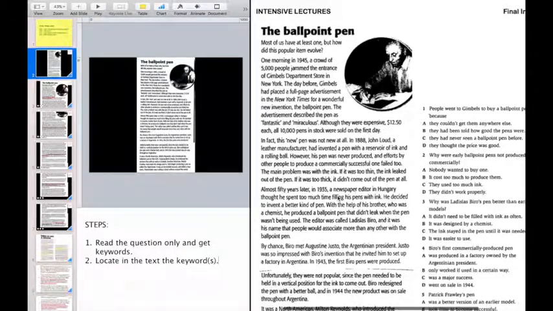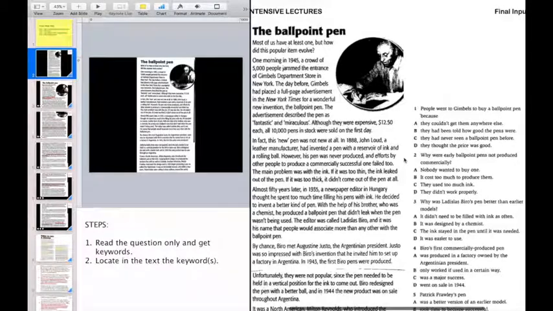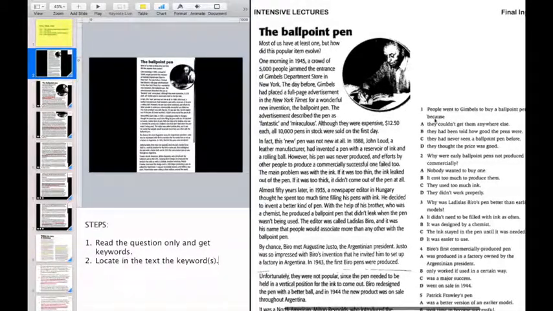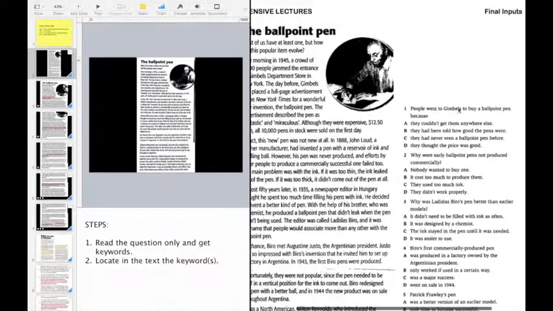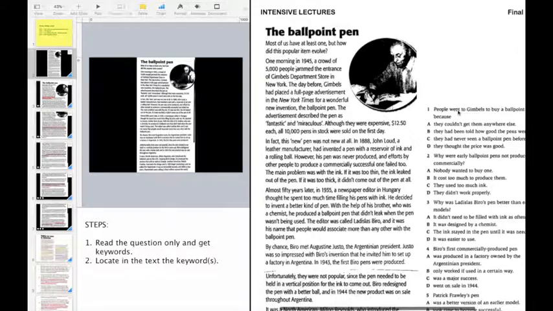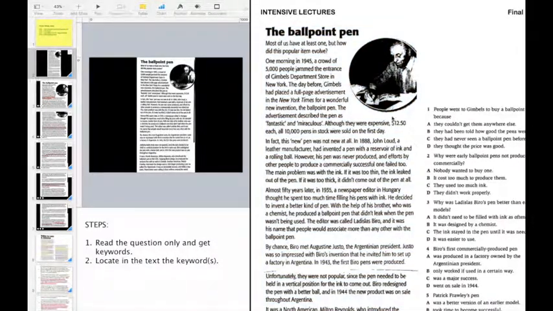So for example, you can guide them in choosing the keywords here, and you might mention that you're looking for a why, a reason. People went to Gimbals. They might want to look for the word Gimbals first, which clearly is right over here in this part of the text. So the clue for number one is here.